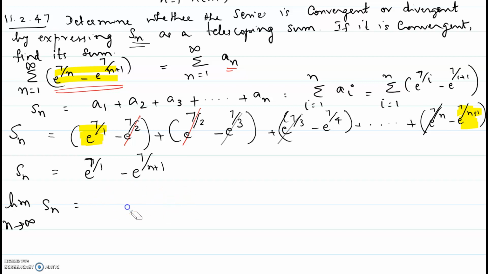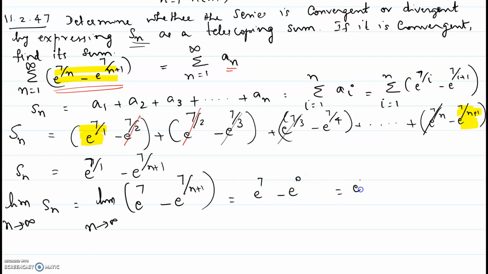If you want to write one more step here, you can write the limit as n approaches infinity of e to the 7 minus e to the 7 over n plus 1. Because the denominator becomes very large, 7 over infinity will become 0. So it is e to the 7 minus e to the 0, which is e to the 7 minus 1, which is a definite limit.